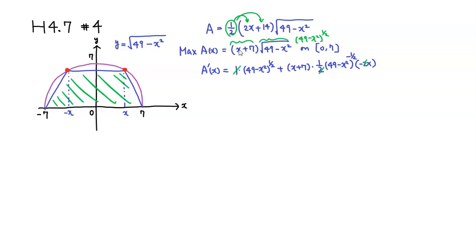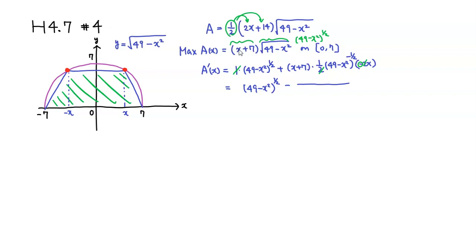All right, so we can write it as 49 minus x squared to the 1/2 power, and then this is going to be minus, because there's a negative sign here.